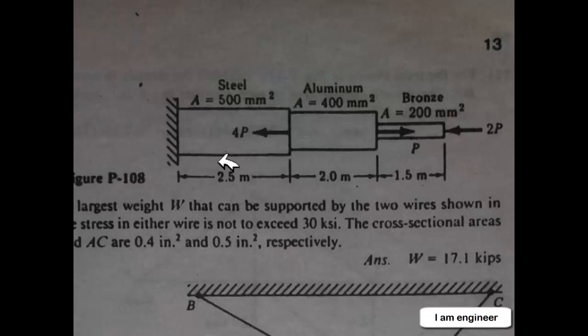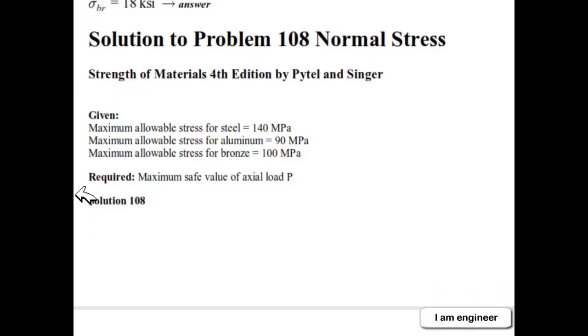Now let's go to your answer. Here you have the solution to problem 108, normal stresses, strength of material. The given things are your allowable stresses for steel, for aluminum, for bronze.